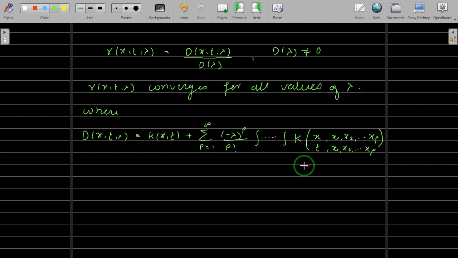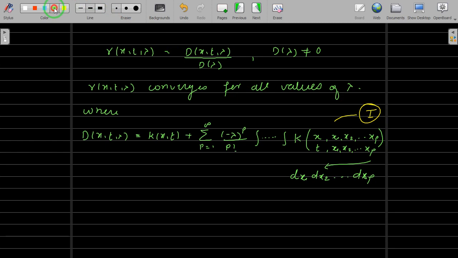So I write here dx1, dx2, up to dxp. Here there are p integrals, and I will tell you what this is in the next few minutes. Let me take this as equation 1, Roman 1.